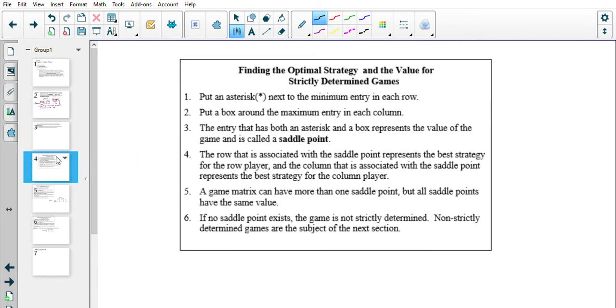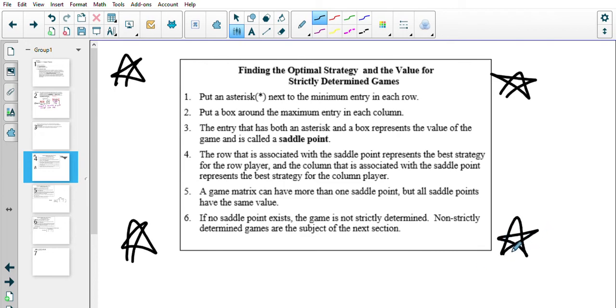Okay, so this is the strategy, and this is really the big slide for today. If you pay attention to anything, this is the slide you want to pay attention to. Finding the optimal strategy and the value for strictly determined games. Okay. The first thing you want to do is put an asterisk next to the minimum entry in each row.